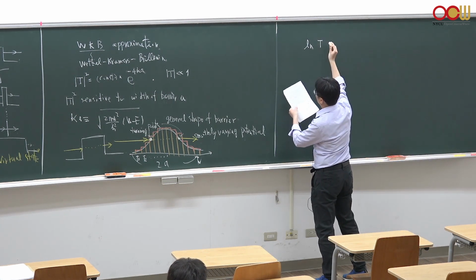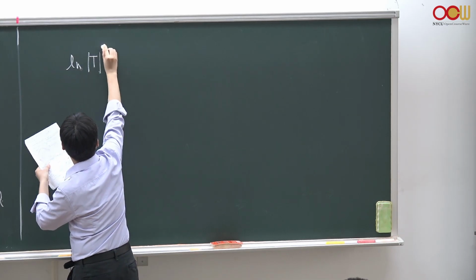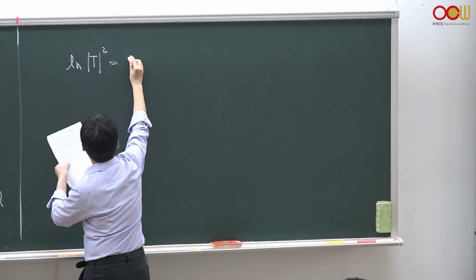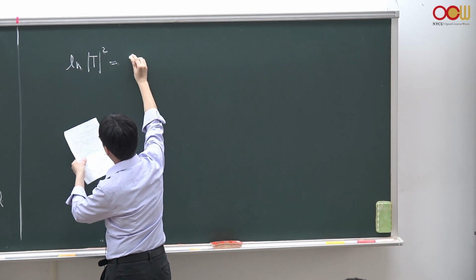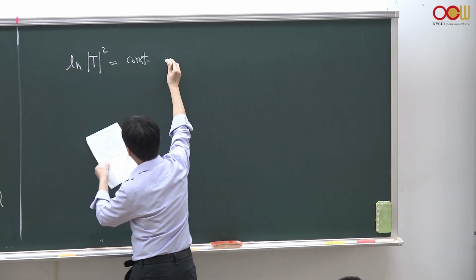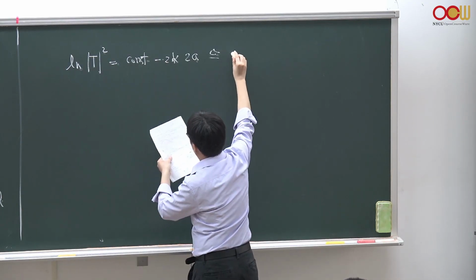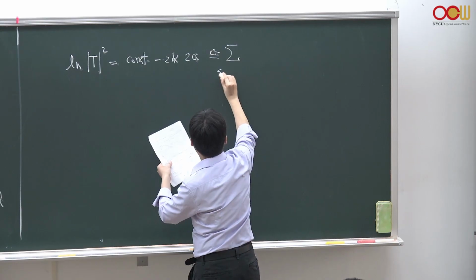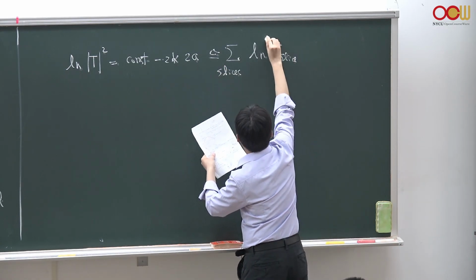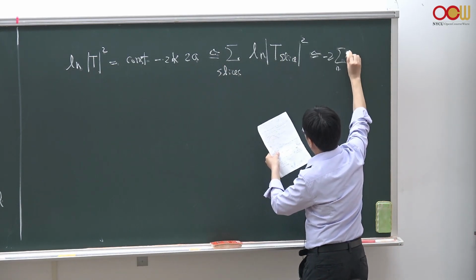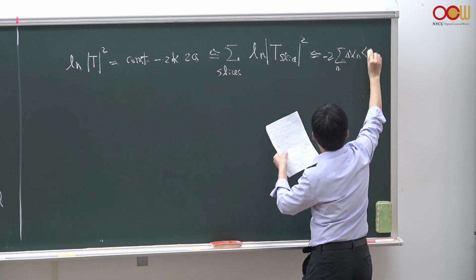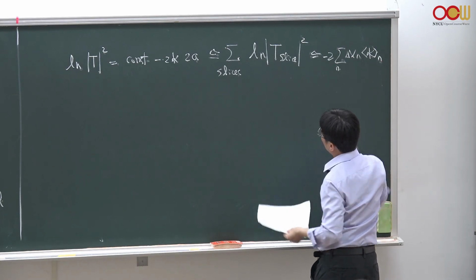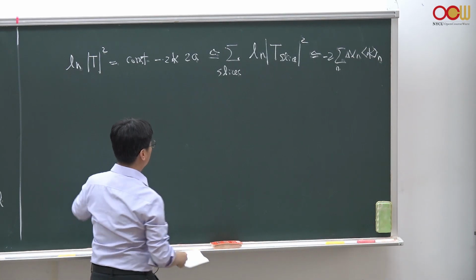This is an approximation, of course, but it is reasonable in the small tunneling regime, where we could approximately take the summation over the little slices of the barrier in a logarithmic fashion.